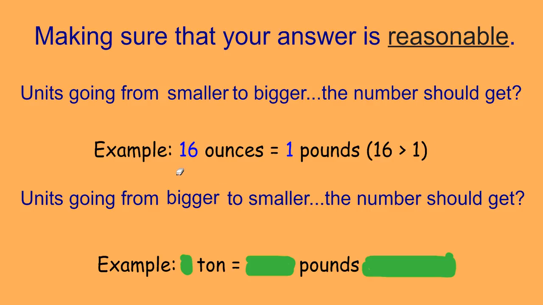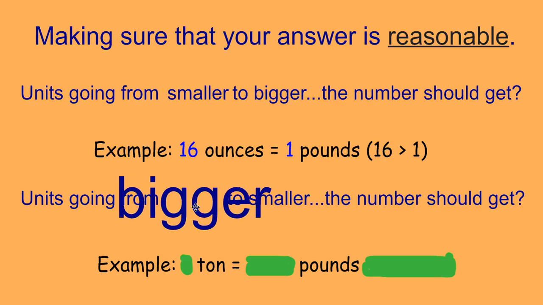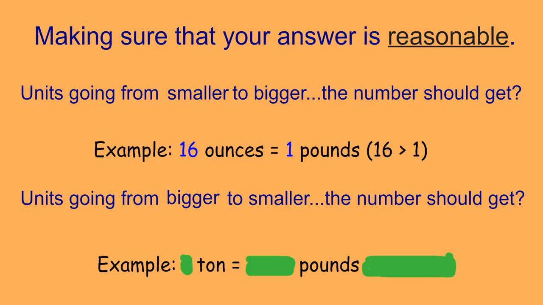Our number is getting smaller. So what happens if you're going from a bigger unit to a smaller unit, like tons to pounds? That's right, your number should be getting bigger. So we can make sure our answer is reasonable simply by looking at the units and determining, are we going from bigger to smaller or smaller to bigger? And is my number getting smaller or bigger?